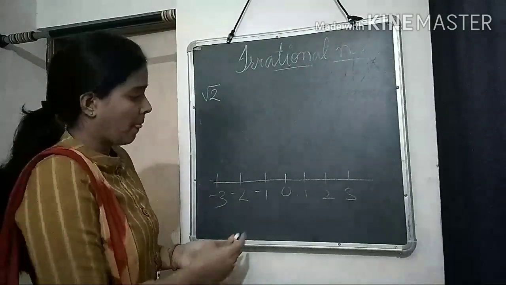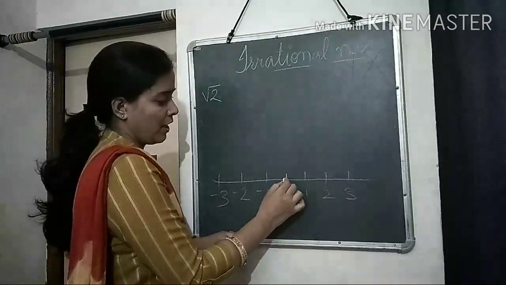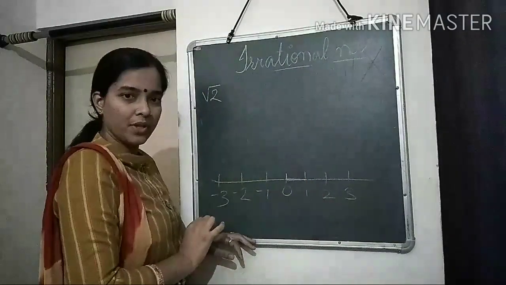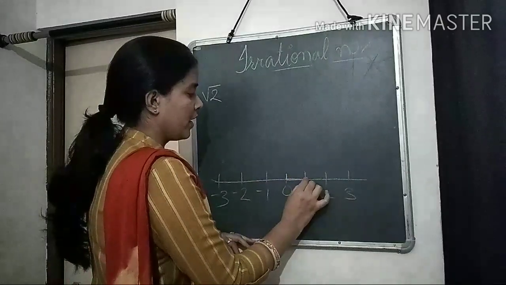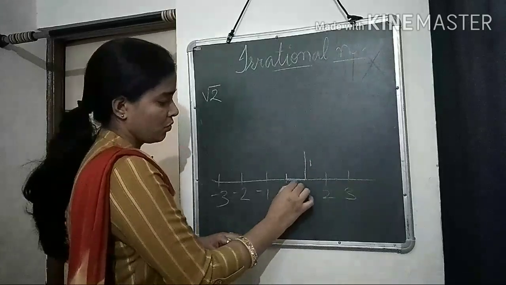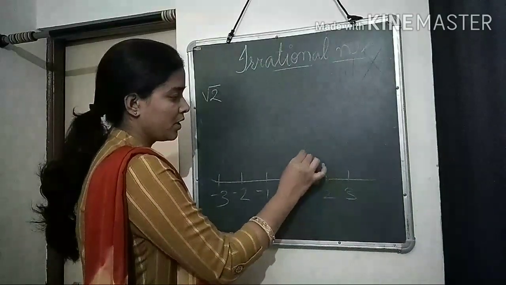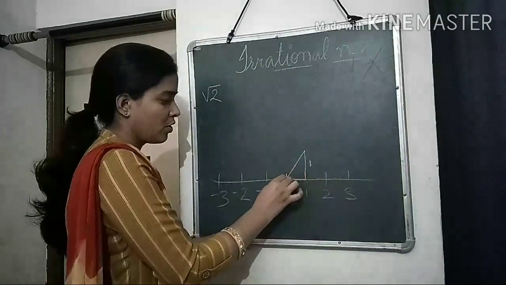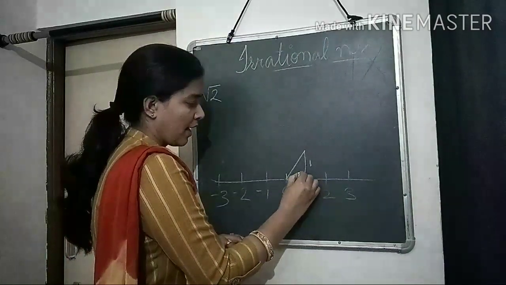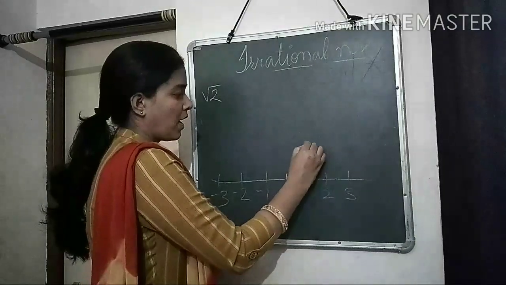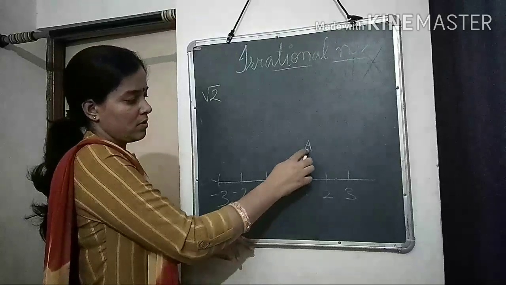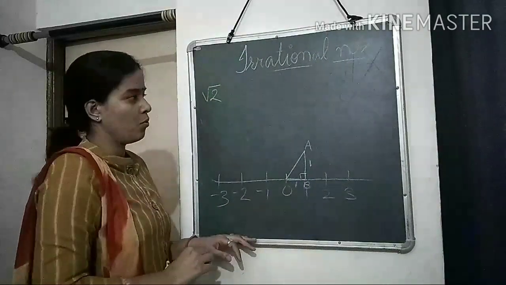So let us see. On the number line, if I take this unit, this is 1 unit. If I again draw a line segment of 1 unit, so this is 1 unit, this is 1 unit, and if I join it to the origin, then this is a 90-degree angle. Suppose this is a triangle AOB.